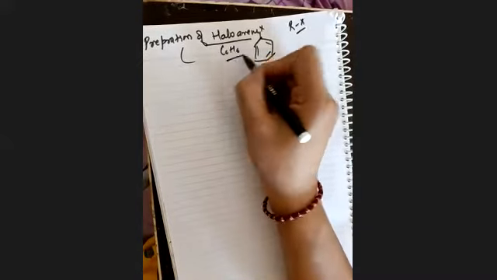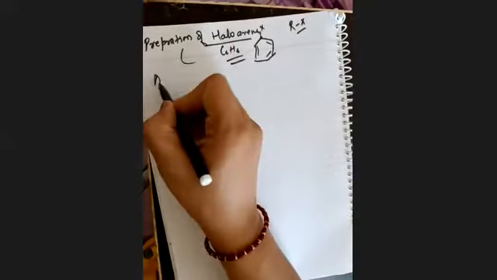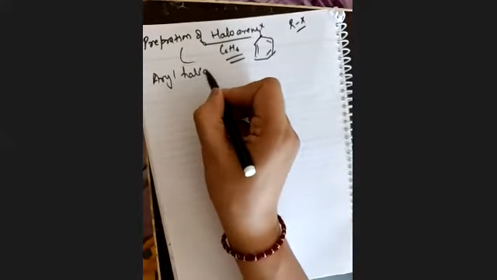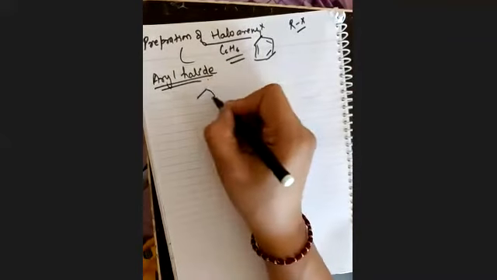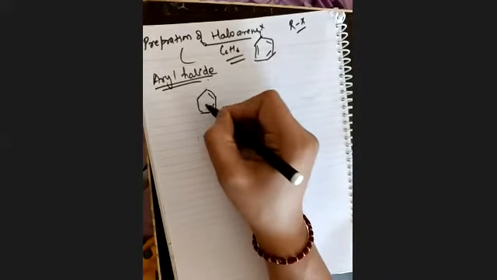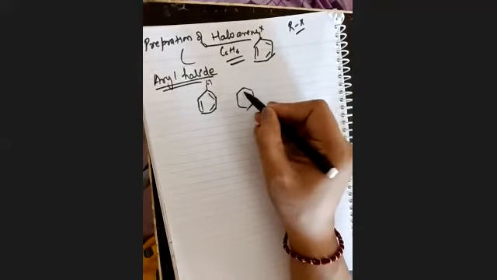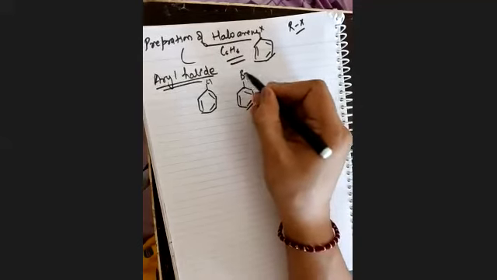C6H6. This is benzene. So if we talk about the preparation of haloarenes, we'll start with aryl halide. Aryl halide, like when your halogen is attached with your benzene ring, this way.